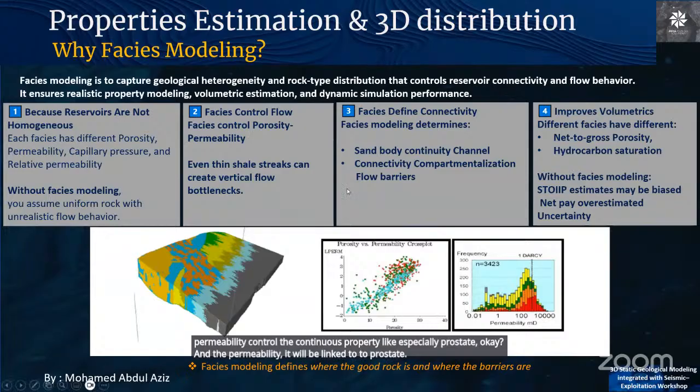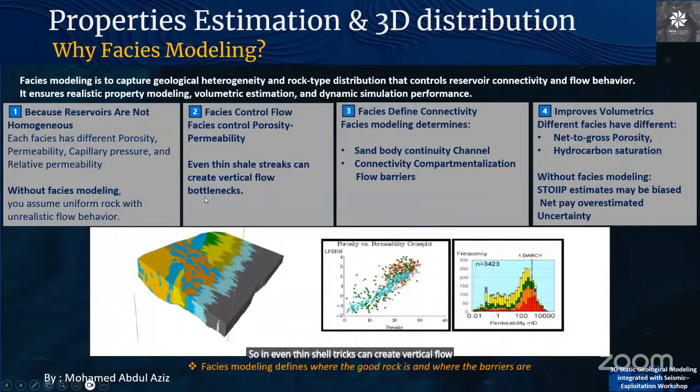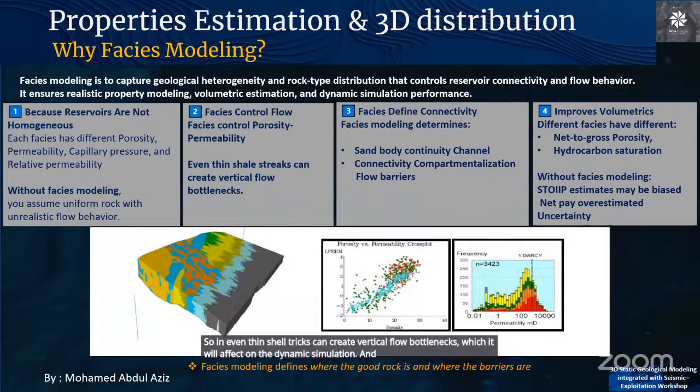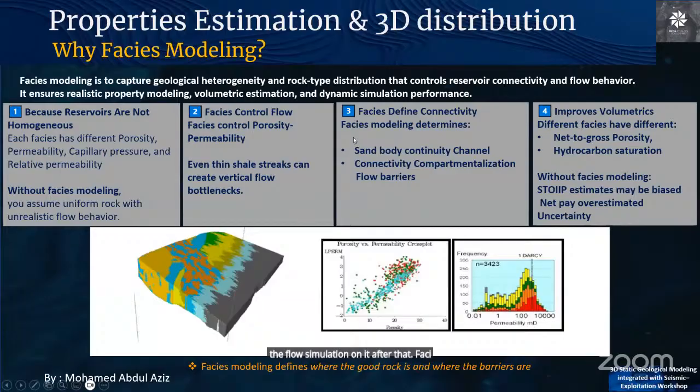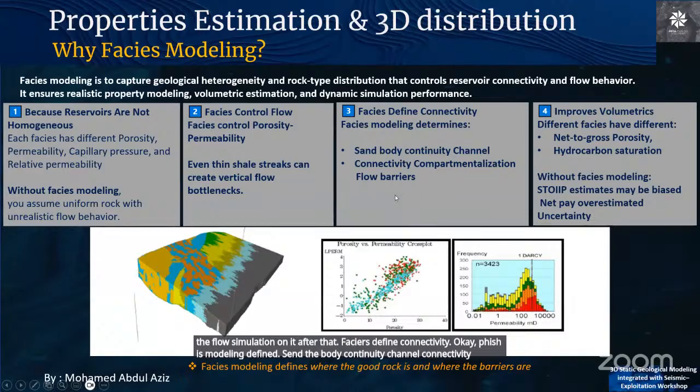Even thin shale streaks can create vertical flow bottlenecks, which will affect the dynamic simulation, and it will come back to you, asking where this comes from. So you need to handle all of this to predict the flow simulation after that. Facies define connectivity. Facies modeling defines sand body continuity, channel connectivity, compartmentalization, and flow barriers.